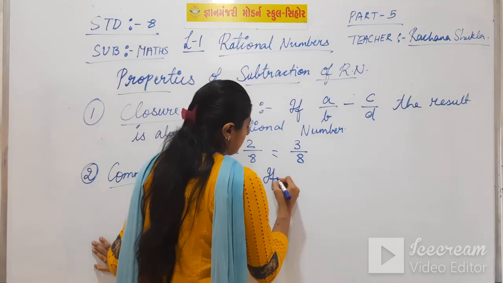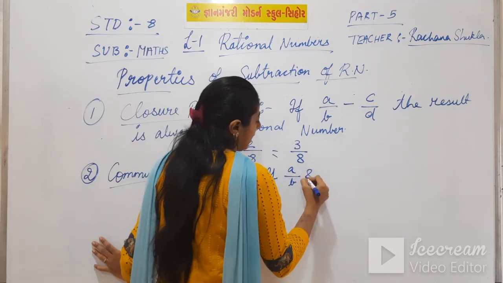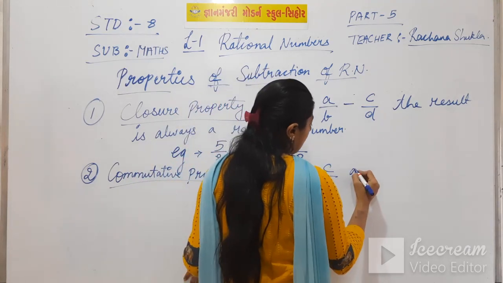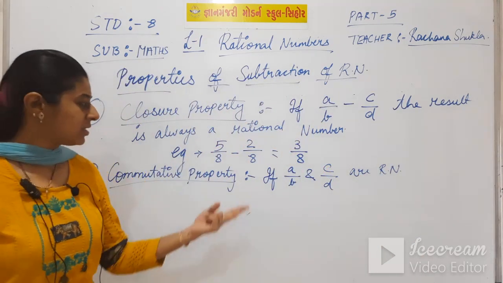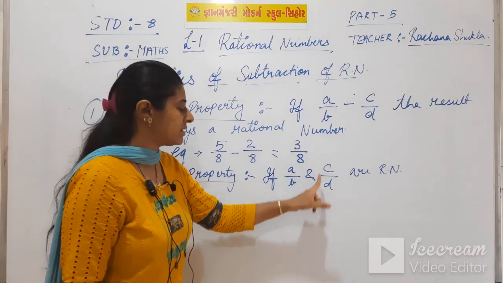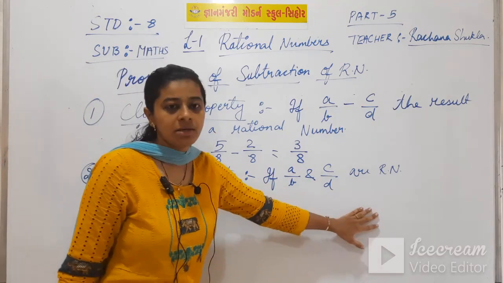If a upon b and c upon d are rational numbers, see again, two rational numbers, a upon b and c upon d, both are rational numbers.